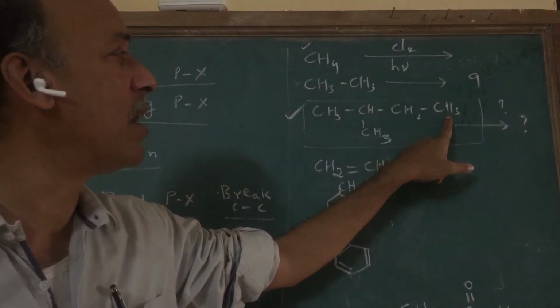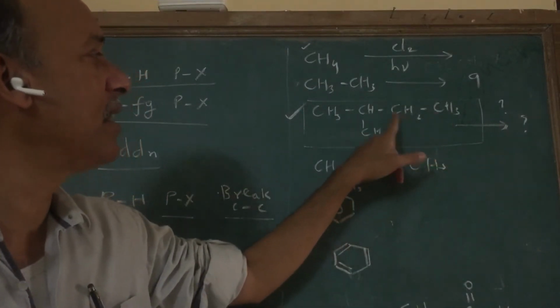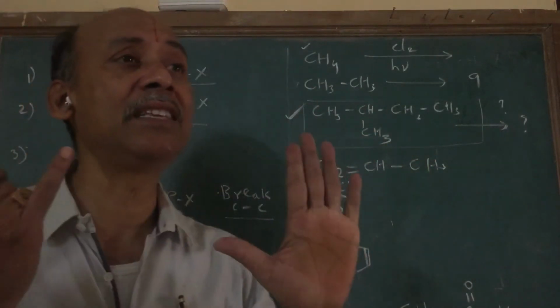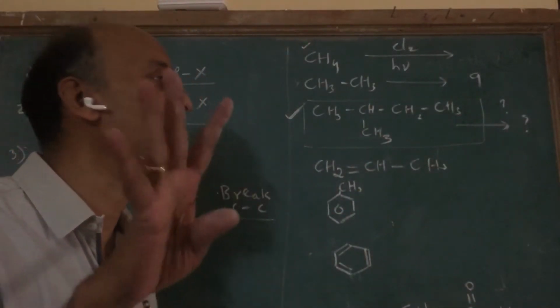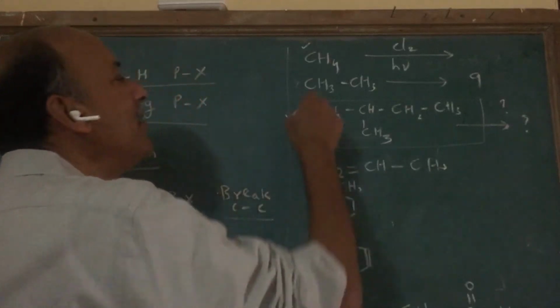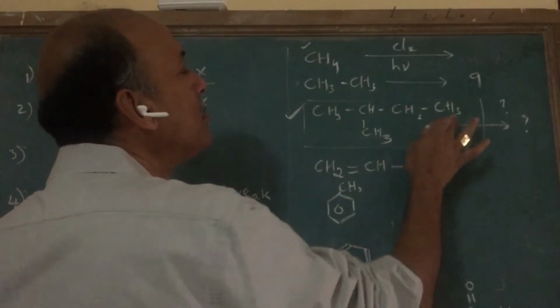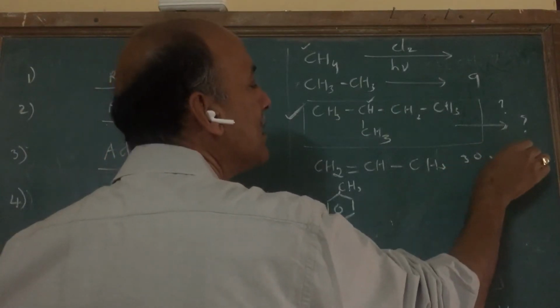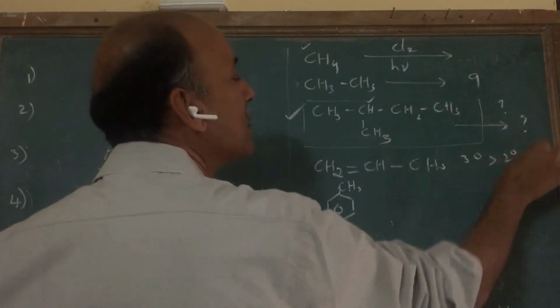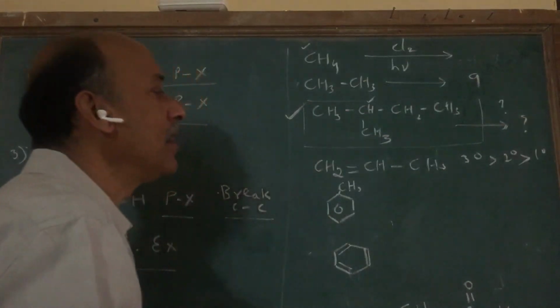Only on putting one halogen in different places, you are getting 6 products, including enantiomers. On fractional distillation, you get only 4 fractions. Anyway, this is a method like that. Please notice, always the tertiary hydrogen reacts much faster than secondary hydrogen, which reacts faster than primary hydrogen.